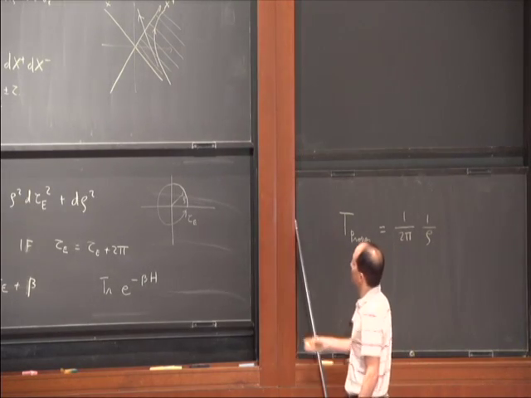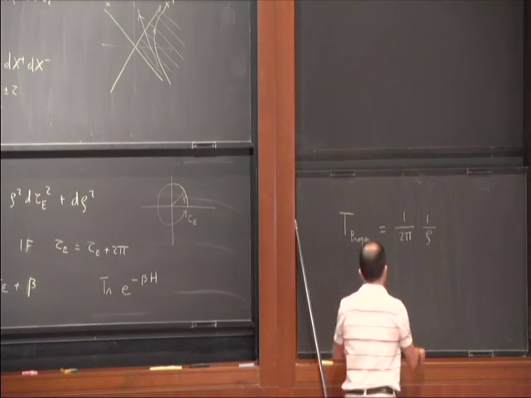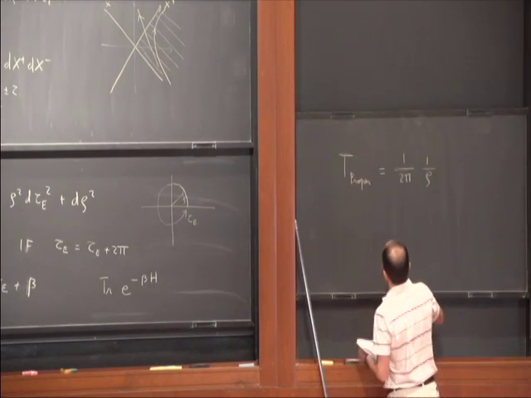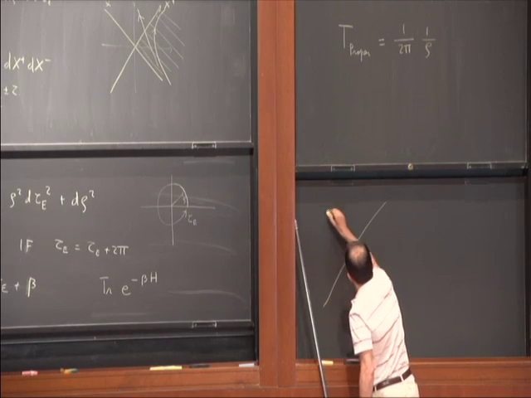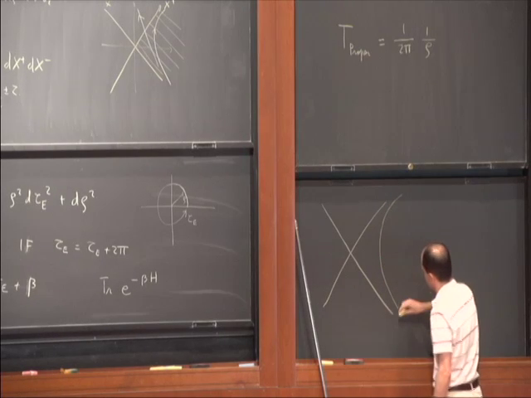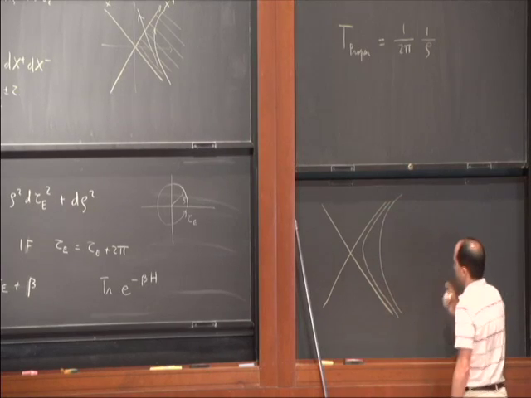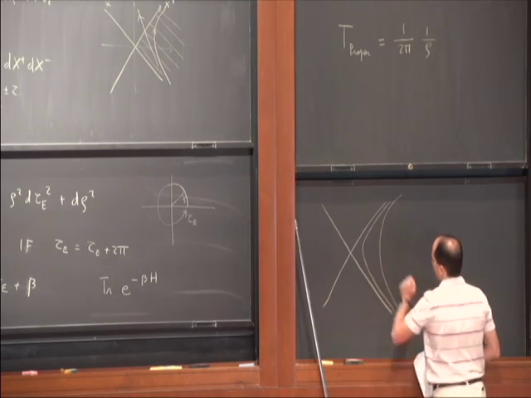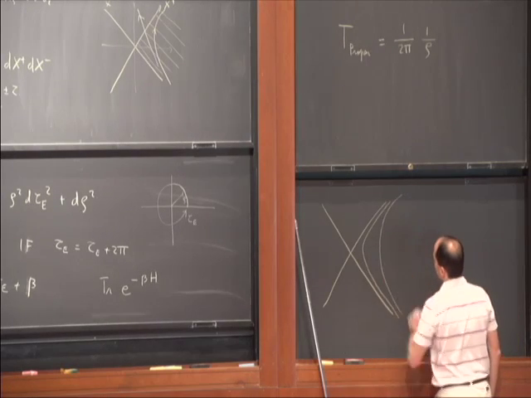So if we compare two observers, one following this trajectory and the other one at a different value of rho, this guy here would see a higher temperature, okay, and would also feel more accelerated.